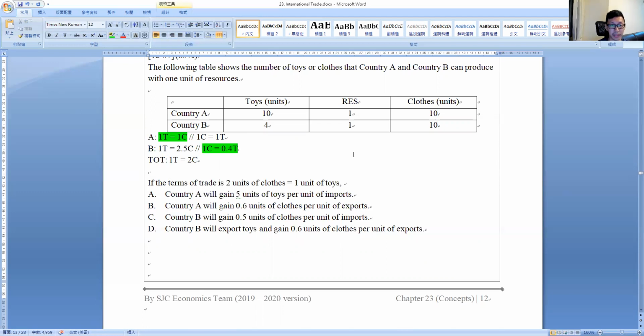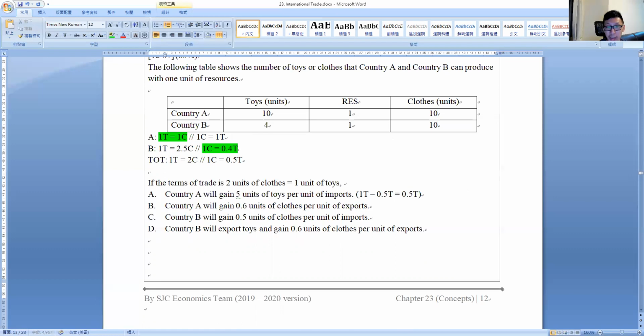Now let's see what happens. Country A will gain 5 units of toy per import. Country A will import clothing, right? So the terms of trade 1T to 2C, or 1C equals to 0.5T. So let's see how much they will gain. Actually, it will gain 1T minus the terms of trade 0.5T.